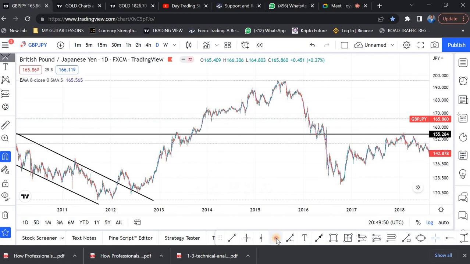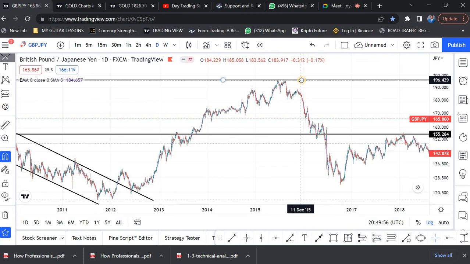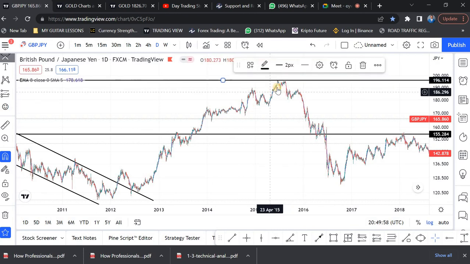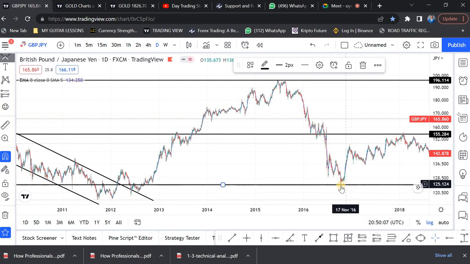Okay, so I can draw one here because when price got to this level, it retraced backwards. This is where the market changes direction downwards. Then when the price got here, it reversed. So I can put a line here which is serving as a support.